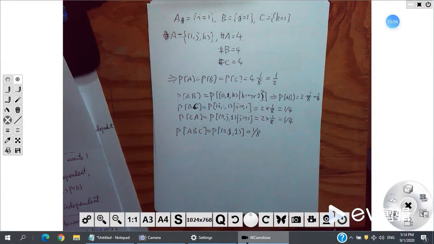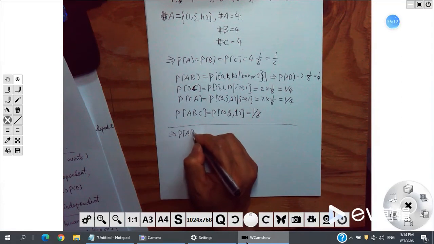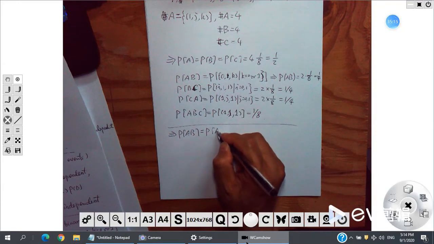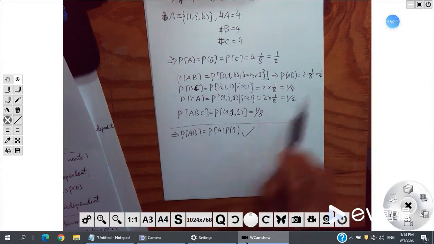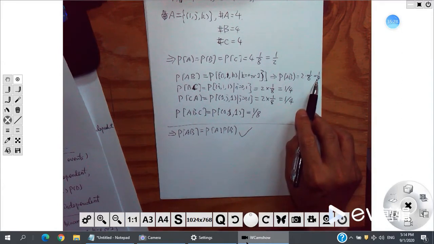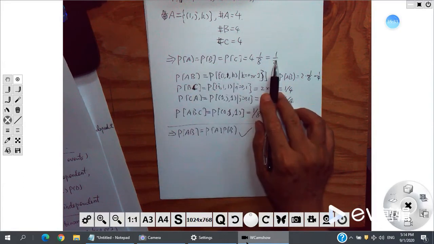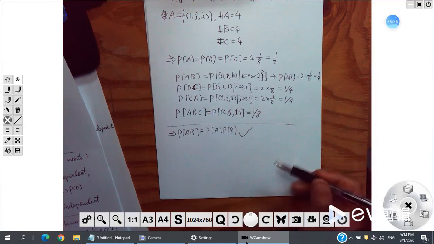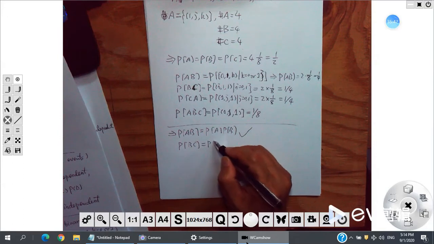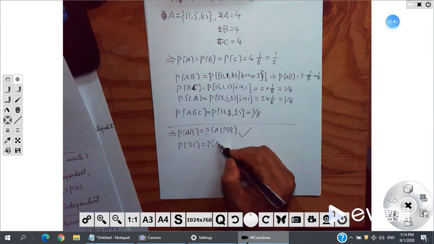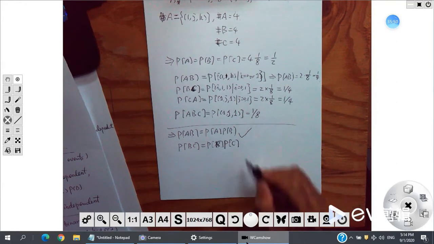Okay, do we have the equations? So we have P(AB) equal to PA times PB. Do we have this? Yes, right? P(AB) is 1/4, and PA is half, and PB is also half. So half times half gets 1/4. And similarly, P(BC) is also 1/4, equal to PB times PC, which is half times half. Right? No problem.